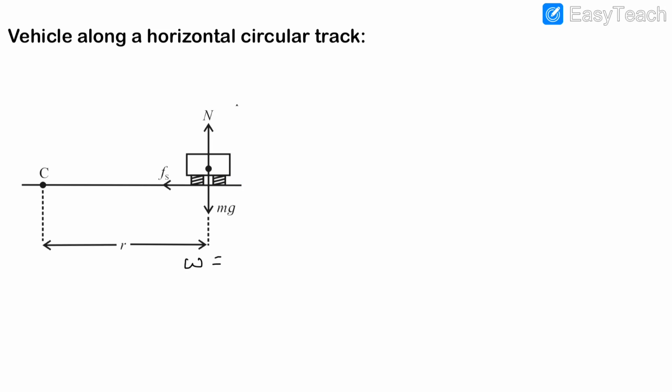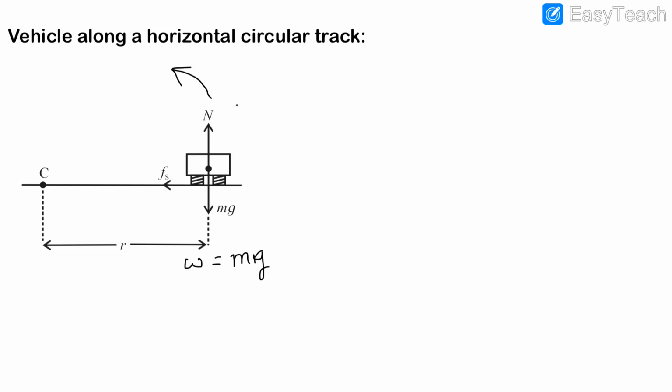Weight mg is vertically downward, and the normal reaction by the surface is vertically upward. This vehicle is moving towards the left, or taking a turn towards the left. Now it is performing circular motion. For its circular motion, the necessary centripetal force is provided by the frictional force.